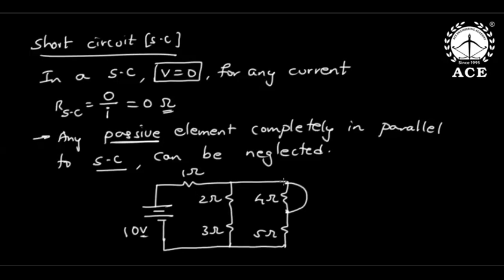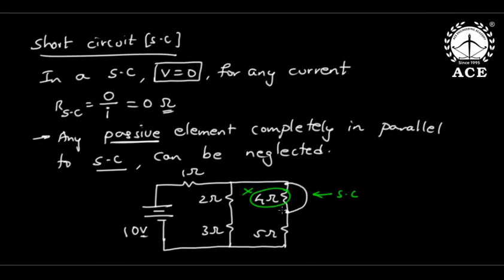This is a short circuit. Any passive element completely in parallel to a short circuit is neglected. So current bypasses 4 and goes through 5, but this current is flowing because of the remaining voltage and remaining path resistance. Don't forget that.